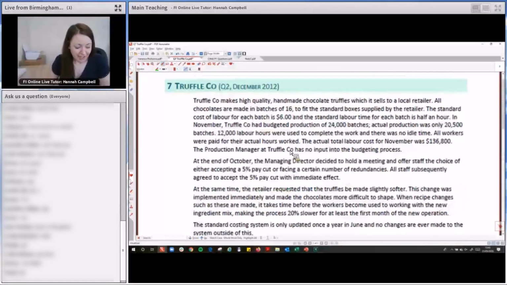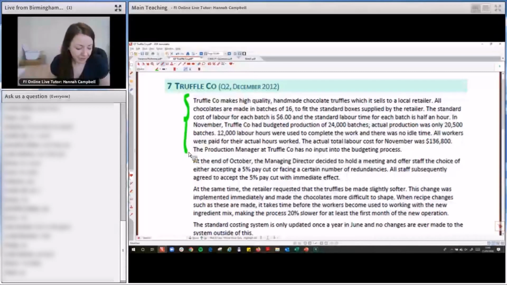If we have a look, all of the information we need is actually in paragraph 1. So we are looking for the words standard and actual. We're looking for the words price or cost or quantity or hours if we are dealing with labour.